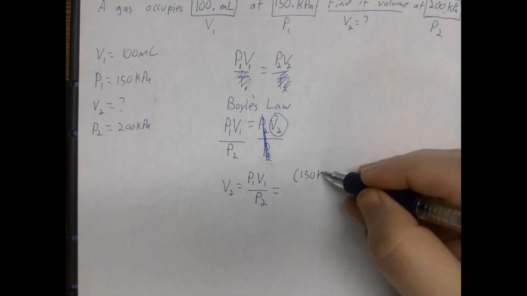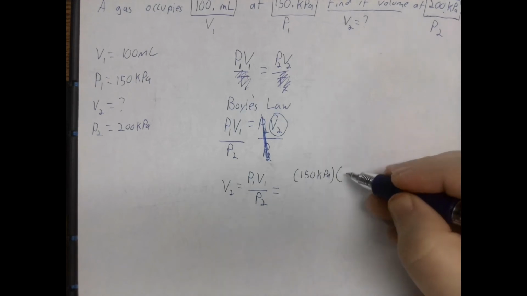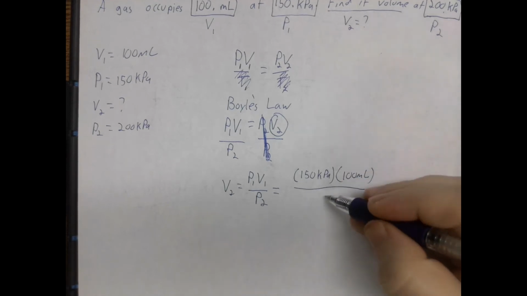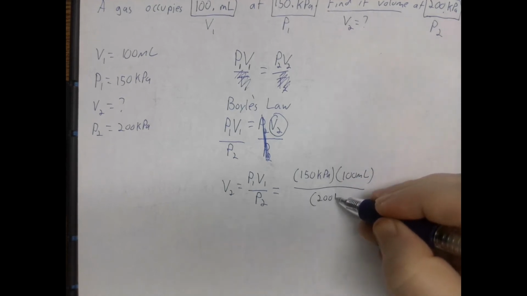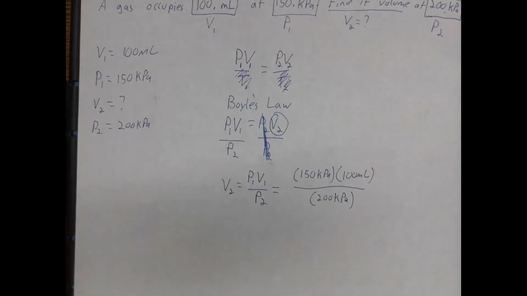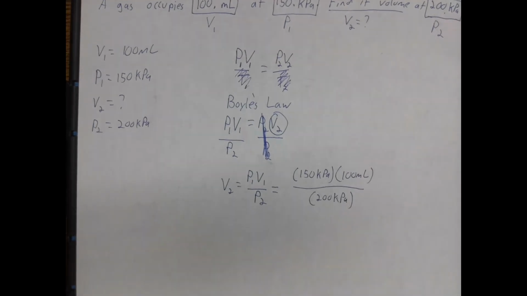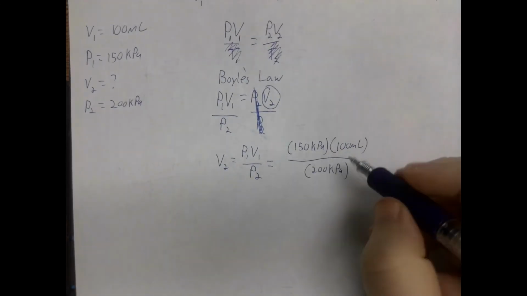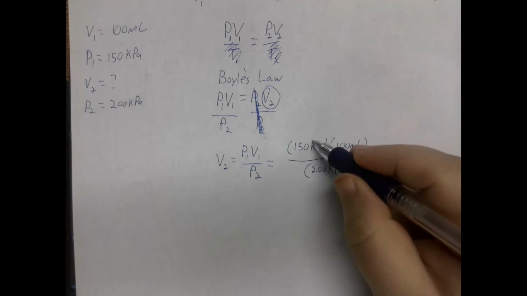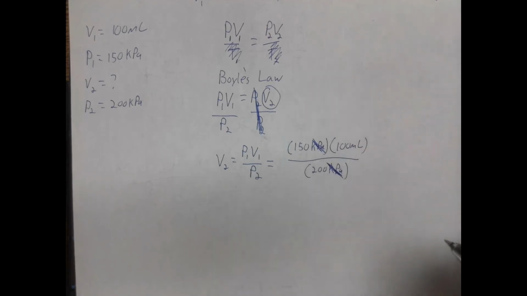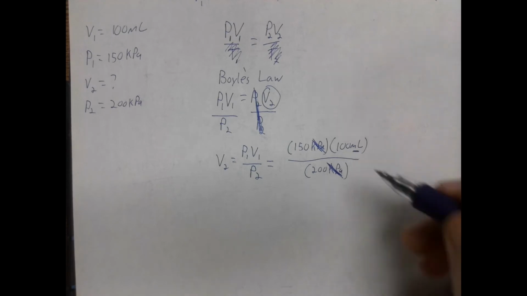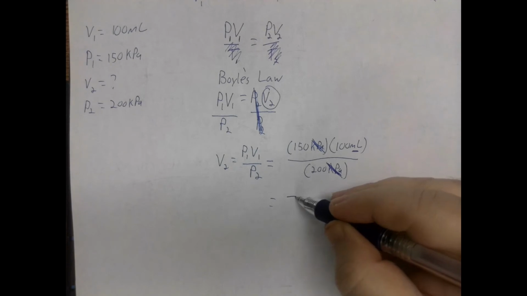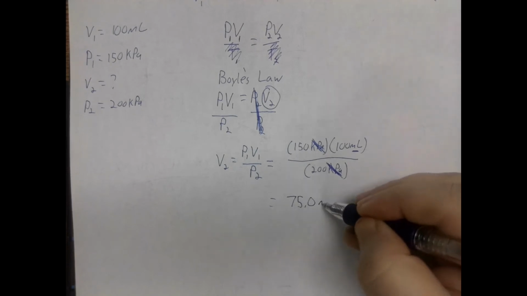It's 150 kilopascals for P1, 100 milliliters for V1, and final pressure of 200 kilopascals. Very important to keep units here. In a little bit, I'm going to intentionally make a mistake. So kilopascals and kilopascals cancel each other out, leaving us just milliliters. So plugging this into a calculator, you get 75.0 milliliters.